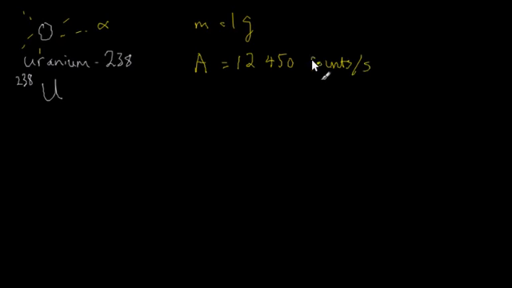Suppose that's the total amount of alpha particles estimated to be coming out from the 1 gram uranium source. So we know this. We know that the mass is 1 gram.